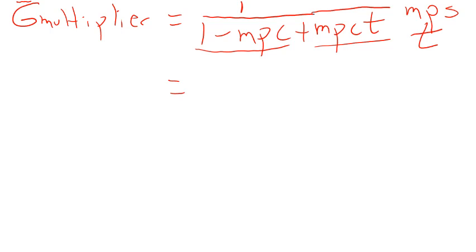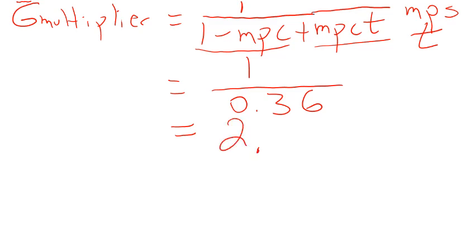So what do we have here? 1 divided by 0.36. So what is the government spending multiplier? It's 2.78. All right, what's the implication of this 2.78?